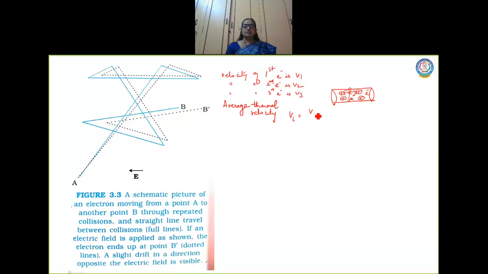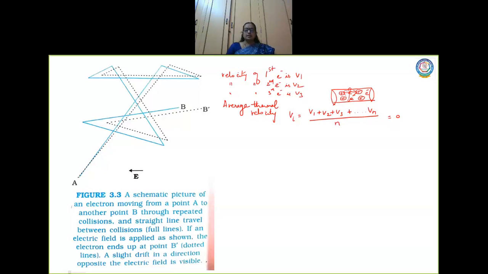You will add all the velocities, V1 plus V2 plus V3 up to Vn, divided by the total number of electrons. Yes or no? So this is the average. But what I said, this average is equal to 0. Why is it equal to 0? Because the electrons are not restricted to one particular direction. They move randomly here and there. So in that case, the average thermal velocity of the electrons in a metallic conductor will become 0. So this is the first part of the concept.